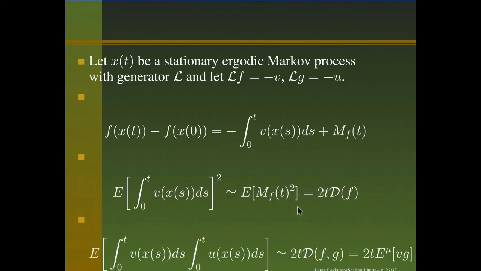You can also compute the inner product between two such things. That's also computed to be twice the inner product in the Dirichlet space, and you can also compute it as an inner product in L2 of suitable functions.